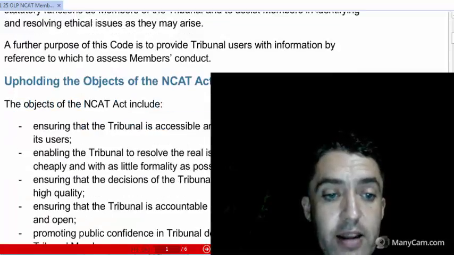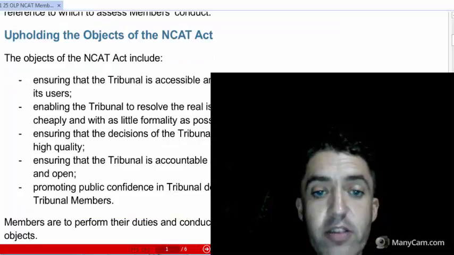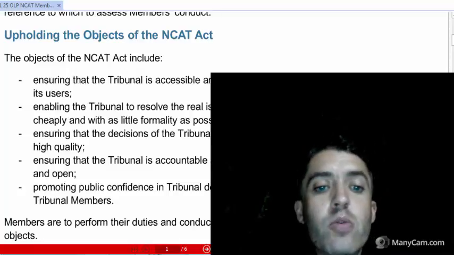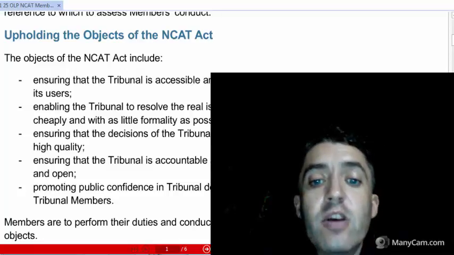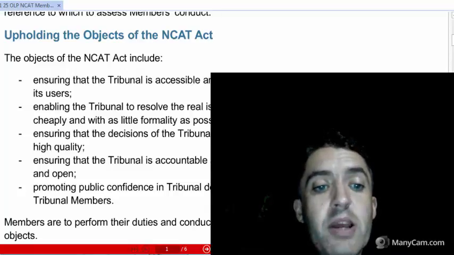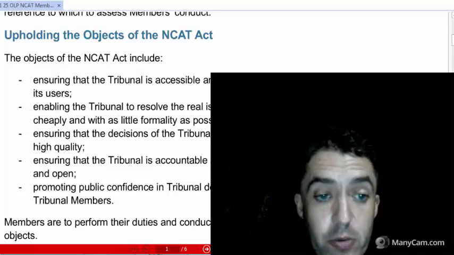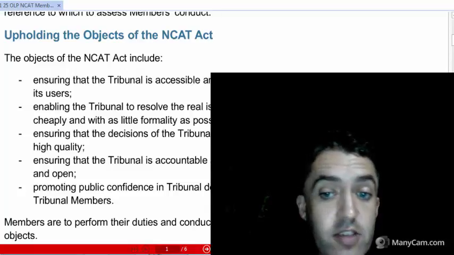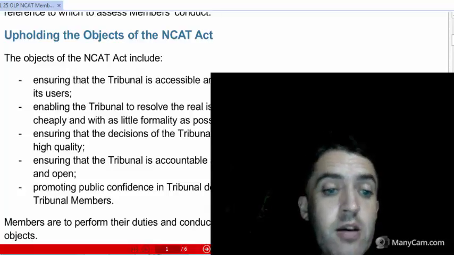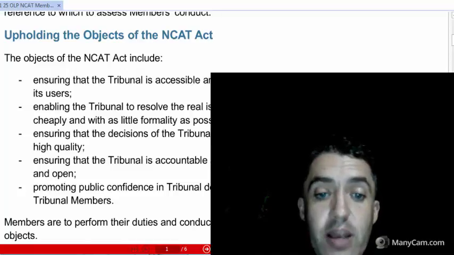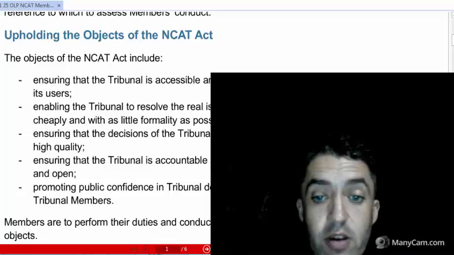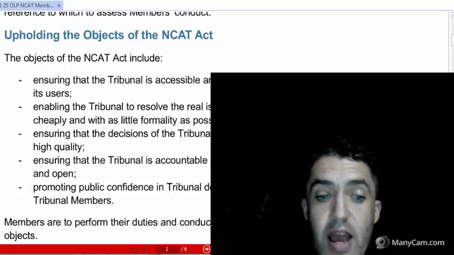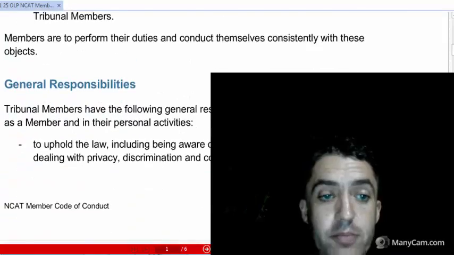The objects of the NCAT Act include ensuring that the tribunal is accessible and responsive to the needs of all its users, enabling the tribunal to resolve the real issues in proceedings justly, quickly, cheaply, and with as little formality as possible, ensuring that the decisions of the tribunal are timely, fair, consistent, and of a high quality, ensuring that the tribunal is accountable and its processes are transparent and open, promoting public confidence in tribunal decision-making and the conduct of tribunal members.